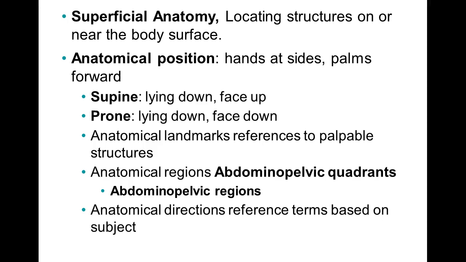The quadrants, in terms of the abdominal pelvic area, because there's so many organs in that area, we do like to make the body in smaller and smaller pieces to be able to talk about those. So you have abdominal pelvic quadrants and also abdominal pelvic regions.